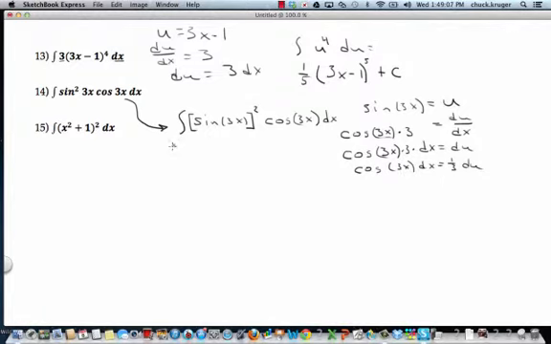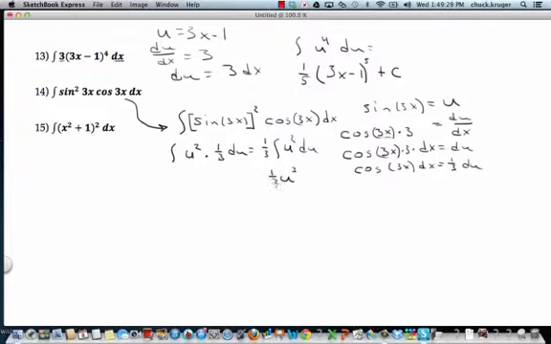And so I'm going to get rid of this part, and I'm going to get u squared times 1/3 du, which is the same. I can bring that constant out in front of the integral. U squared du. So I'm going to have u to the 3rd.